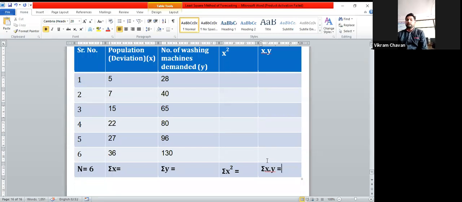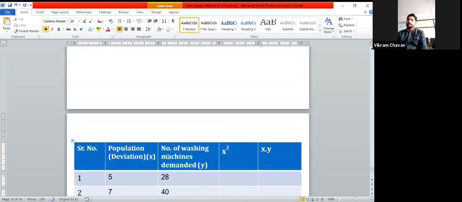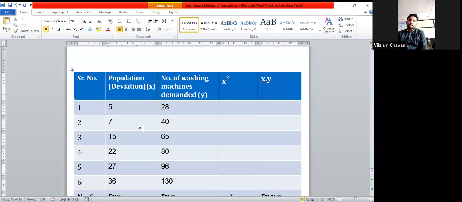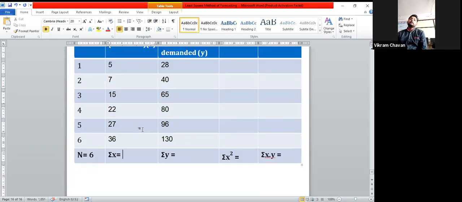Once we get the a and b values, we can formulate our straight line equation, and in that equation we can put the deviation x equal to 45 and solve that particular problem. In this fashion we have to solve the problems of the least square method when the deviation is not equal to 0.